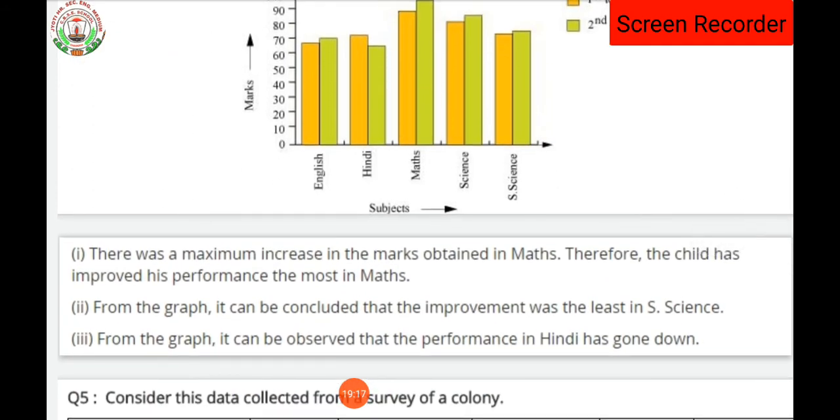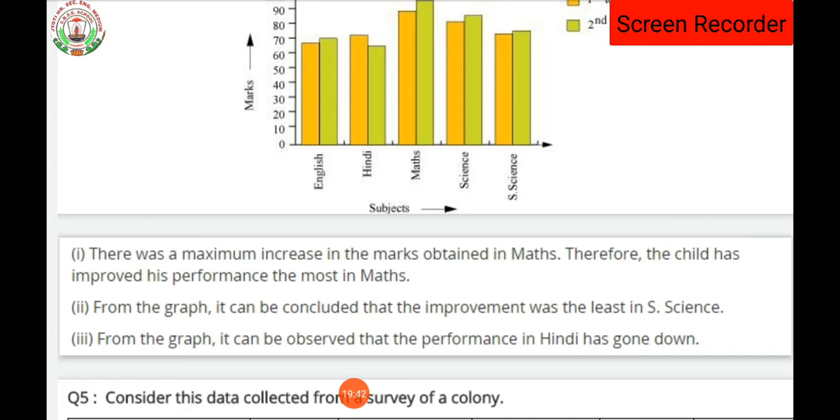There was a maximum increase in the marks obtained in maths. Yes, of course, the maximum marks obtained compared to other subjects is in which subject? Mathematics. Therefore the child has improved his performance the most in maths. From the graph it can be concluded that the improvement was least in general science, as I told you beforehand while explaining the question.